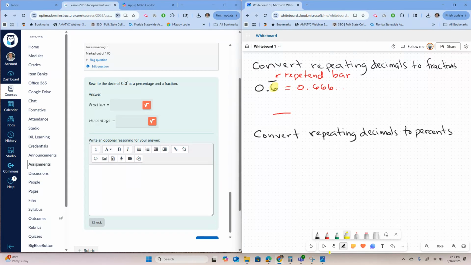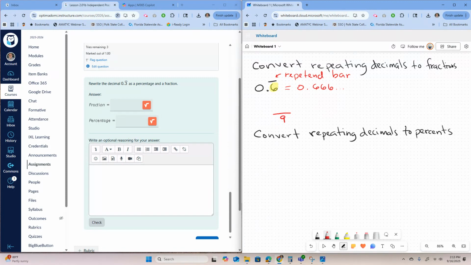That means your denominator is going to be 9. When you're working with repeating decimals, your denominators are 9s. When you don't have the bar, then you're working with tens, hundreds, thousands. But with repeating decimals, your denominators are going to be 9s.